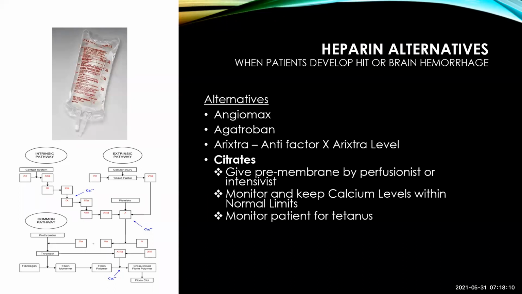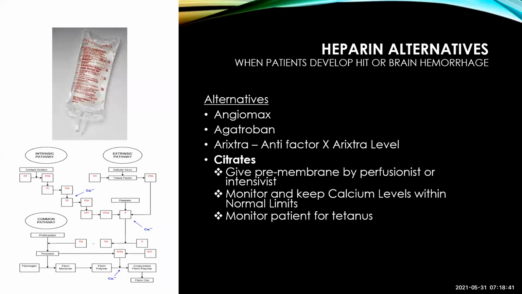And then what we've used before is citrate. Now citrate comes in a poly bag, like you'll see at the top of that picture here. You'll get it from the pharmacy. And citrate actually is the same thing that you have in your blood products to keep it from clotting. So in your red blood cells or your packed cells, there's citrate in there, and that prevents the blood from clotting from the blood bank.